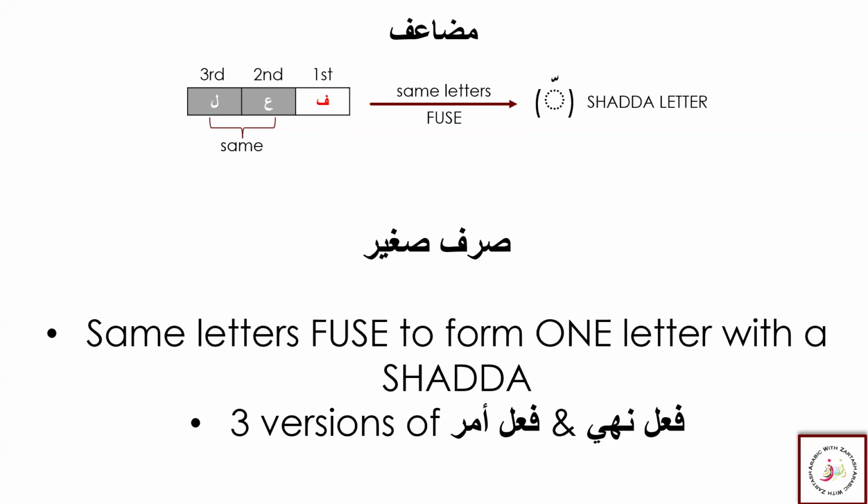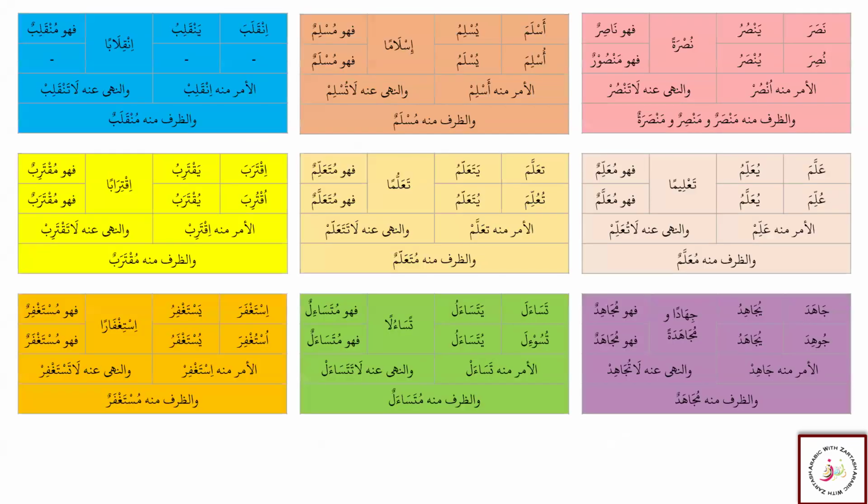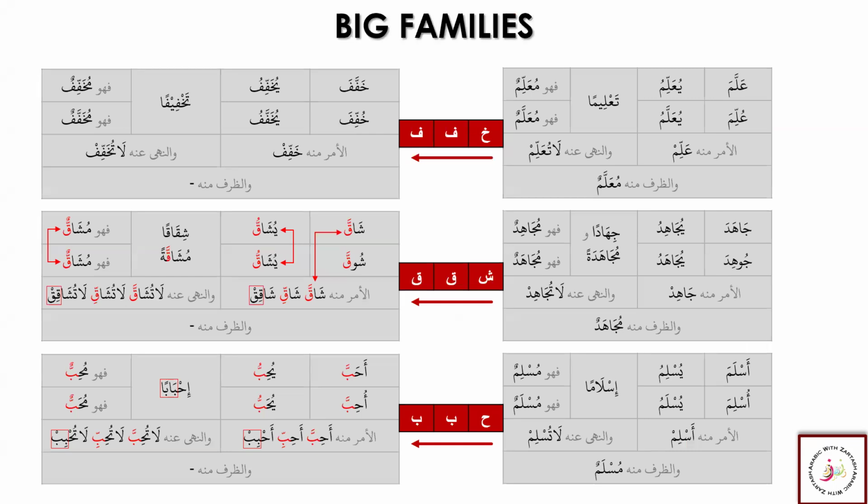And also we learned the three versions of fa'il nahi and fa'il amr. Applying Mudaf to all the big families, we learned about putting different root letters, like we did in the Sarf Kabir charts for Khafafa, Shakaka, and Hababa.